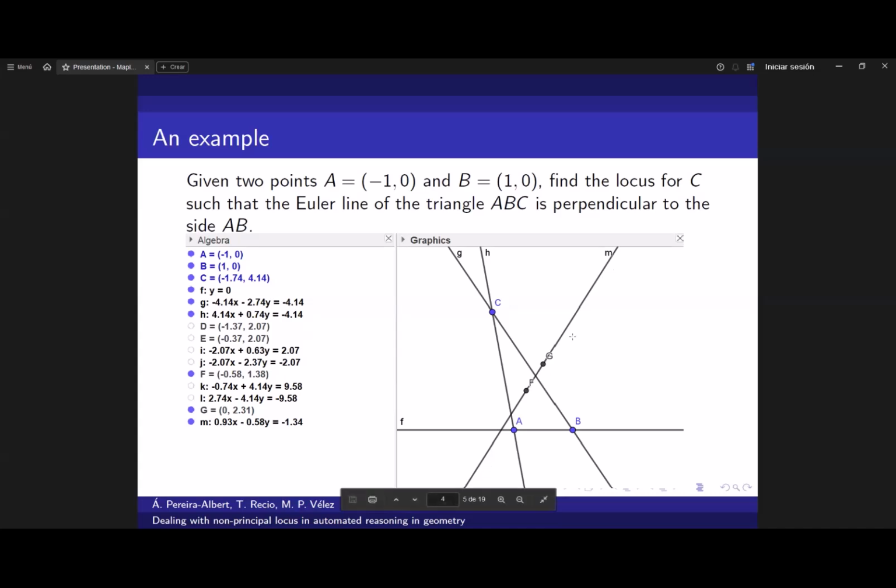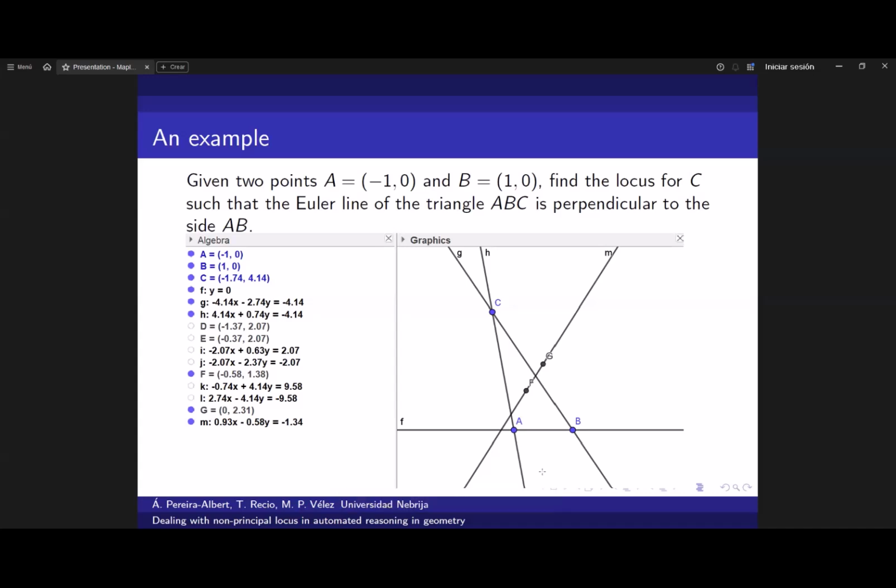This line is the Euler line of the triangle ABC, and in GeoGebra we could move around the point C and come to the conclusion that C must lie on the perpendicular bisector of A and B. Since A is (-1, 0) and B is (1, 0), this perpendicular bisector is the y-axis. So we would expect the equation to be x equals 0.